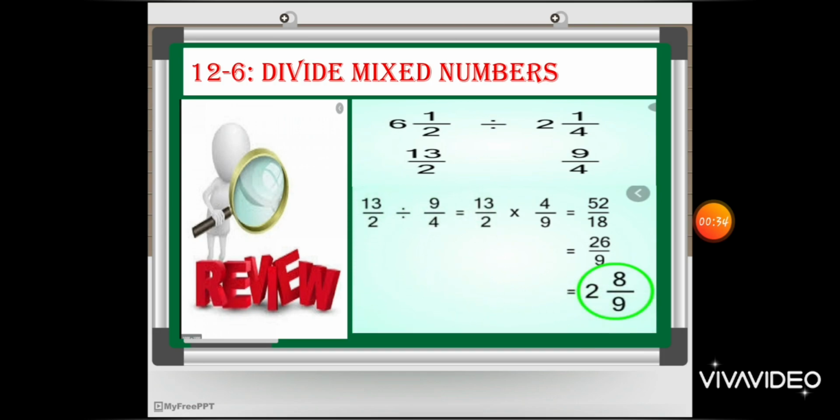After changing them, we can now proceed to the multiplication equation. Get the reciprocal of our fraction divisor, 9/4, and make it 4/9. Multiplying the fractions, we have 52/18 or 26/9, or we can also express it as a mixed number, which is 2 and 8/9.